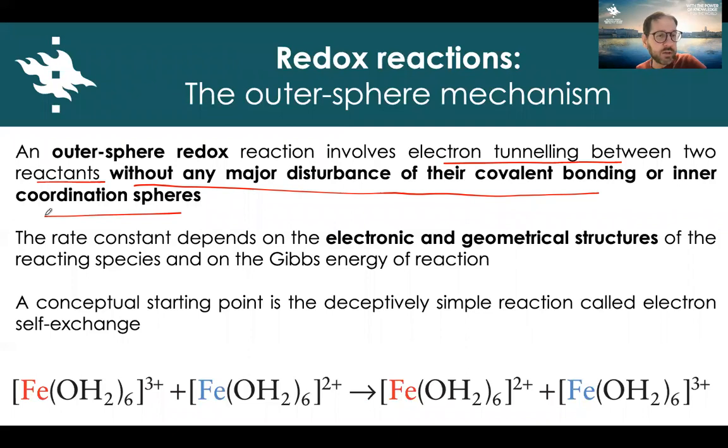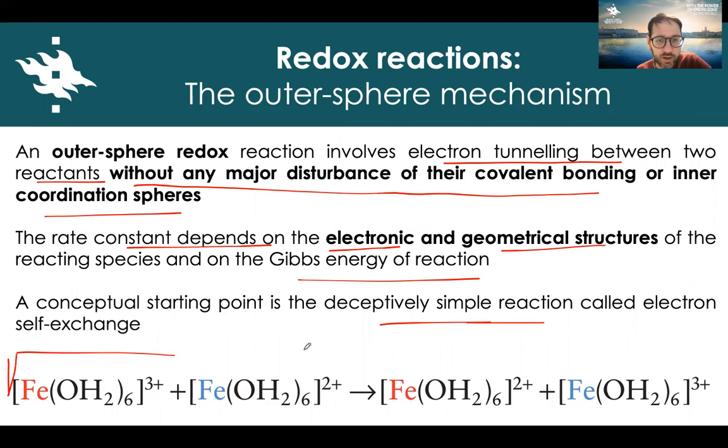So the rate constant depends on the electronic and geometrical structures of the reacting species and the Gibbs energy of the reaction.